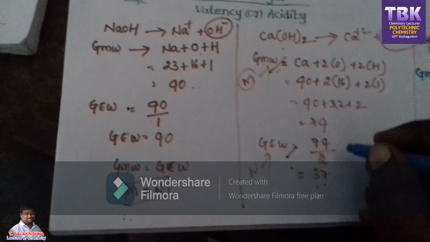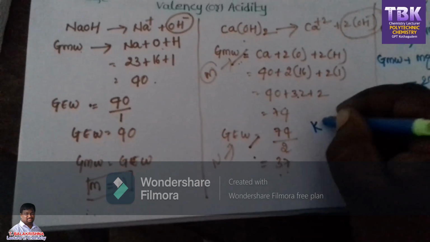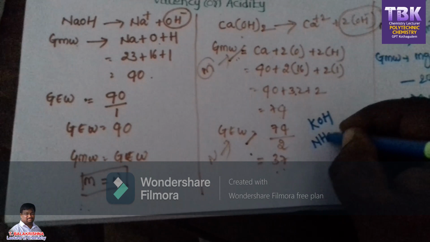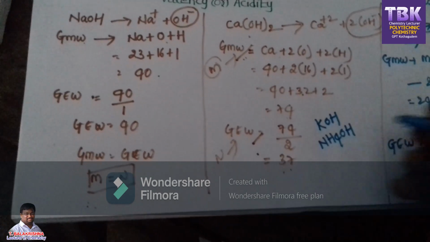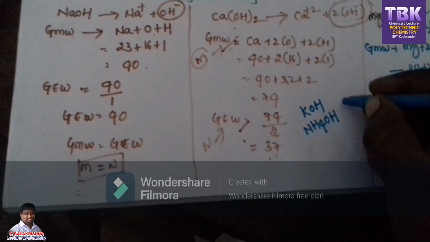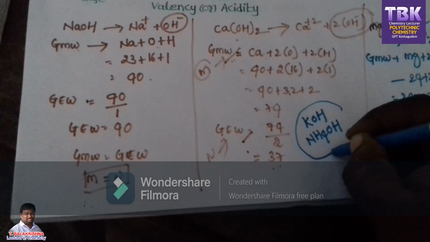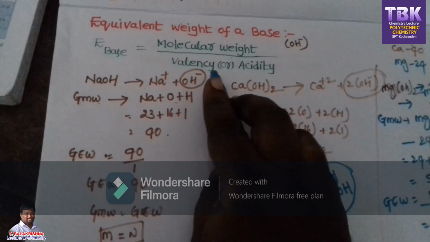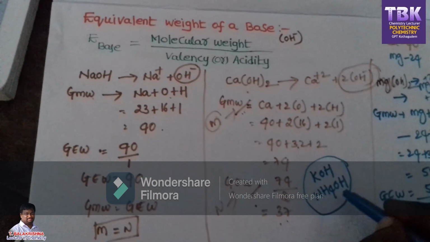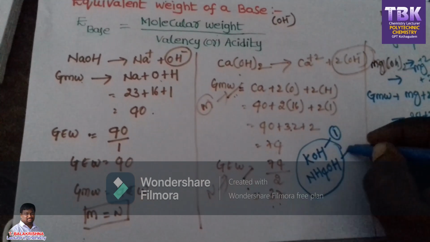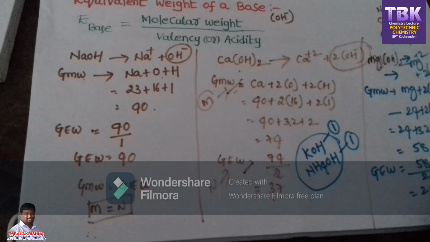Try to solve the gram equivalent weight of potassium hydroxide and ammonium hydroxide using this formula, molecular weight by acidity. Each has one replaceable hydroxide ion.